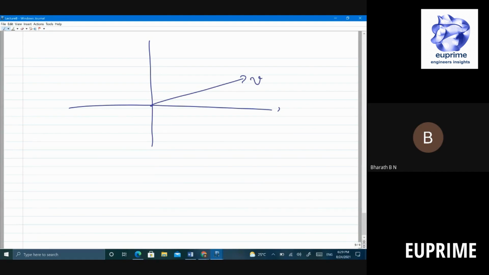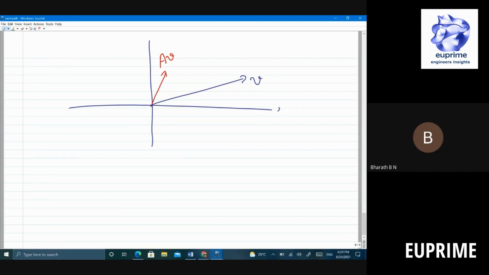What is the effect of multiplying a vector by a matrix? You will get another vector. AV is another vector in R2. Let's say it is somewhere here. This is AV. By looking at this picture, it's very easy. When you multiply by matrix A, all it does is rotate by some angle, and it will shrink or expand depending on the vector.